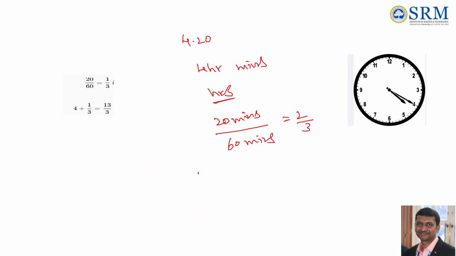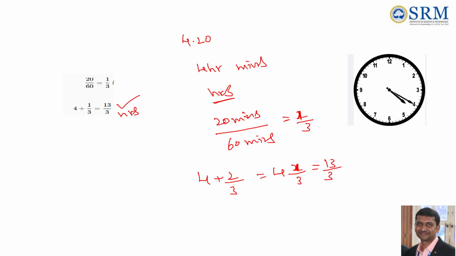Now 4 plus 2 by 3, so that is 4 2 by 3. You can write it as 4 3s are 12, plus 2 by 3, it is 14 by 3. So this is 14 by 3 hours.